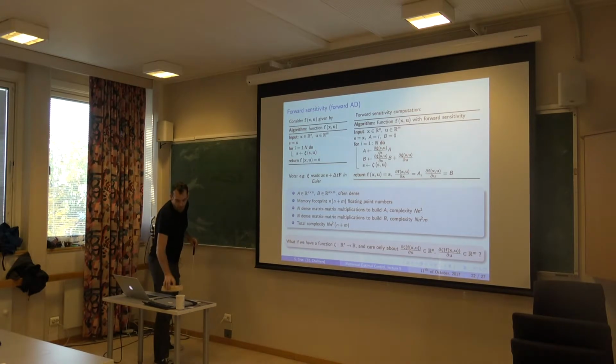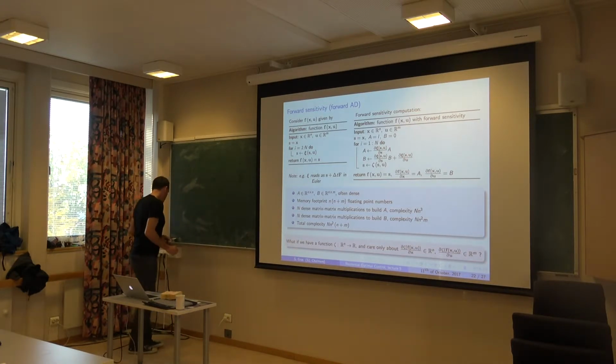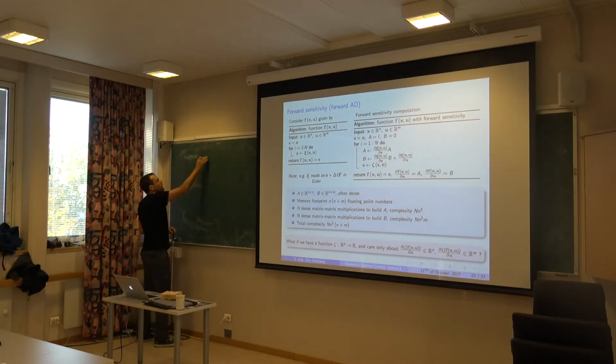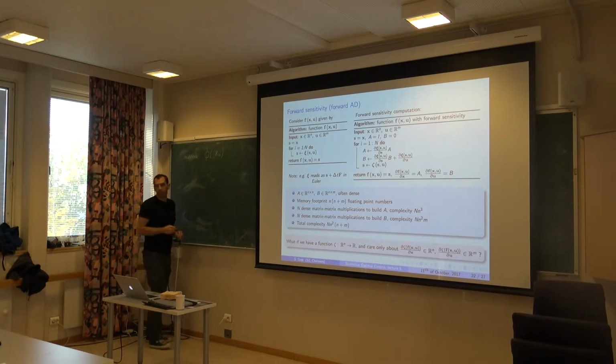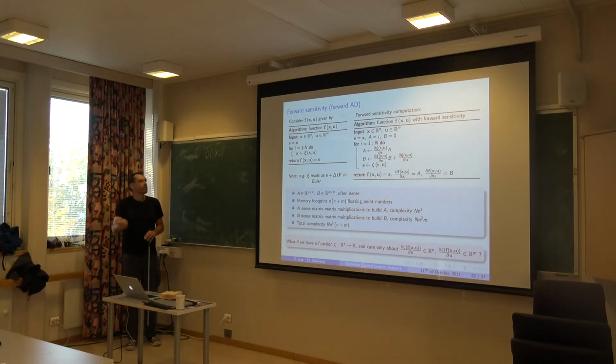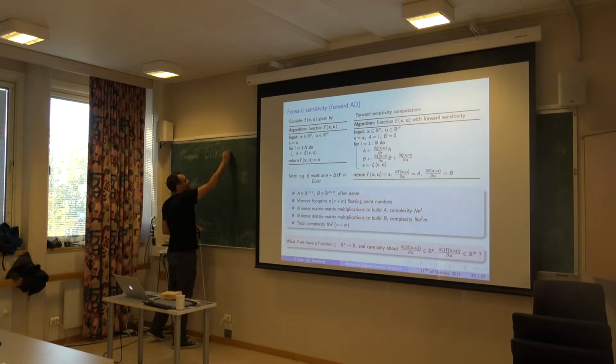One example could be in your OCP, where your cost is your simulation at the end. There will be a terminal cost on your endpoint, and this is a scalar function.